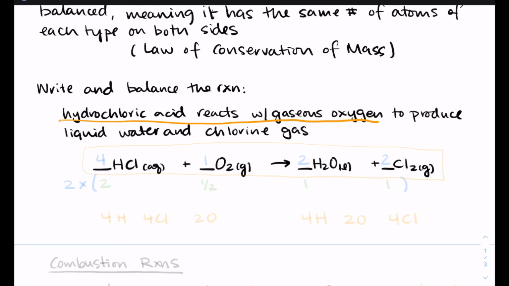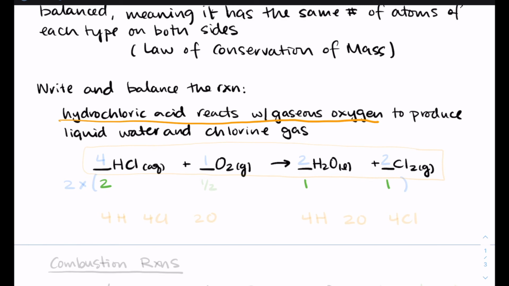So I'm going to start by putting a 2 in front of my HCl, and I'm going to note it underneath the reaction in case it's not my final answer. If I put a 2 in front of HCl, that would mean a 1 in front of H2O and a 1 in front of Cl2. And my hydrogens and chlorines are all balanced.